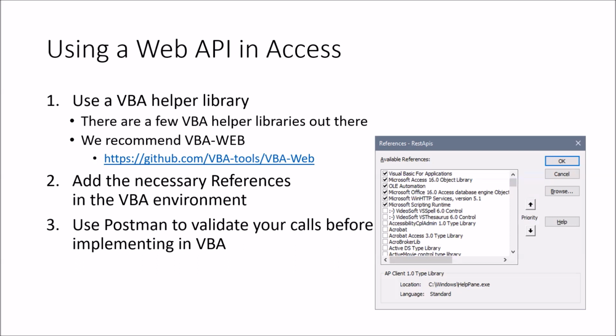So use a library, add the references in your VBA environment, and then finally, there's a tool called Postman, which we'll take a look at. It allows you to play around with your calls and make sure that you have your parameters and your headers and body if needed before you actually do it in VBA.